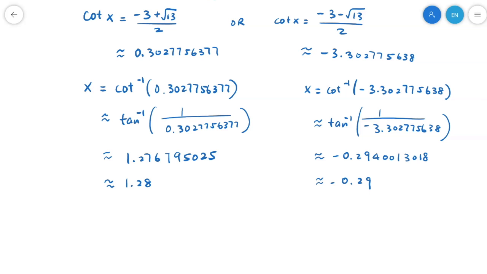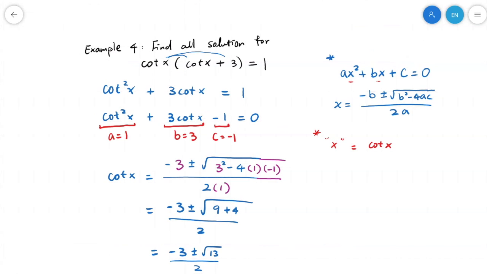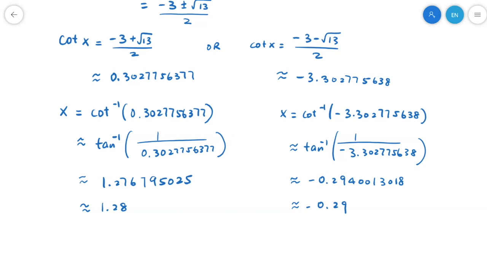Okay, so I'm pretty much finished. However, the question is asking for all the solutions. So I need to find not one or two solutions, I need to find all the solutions. To find all the solutions, we know that we are working with the cotangent function. The cotangent function has a period of pi.